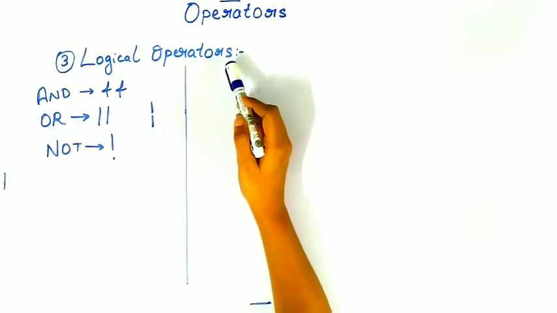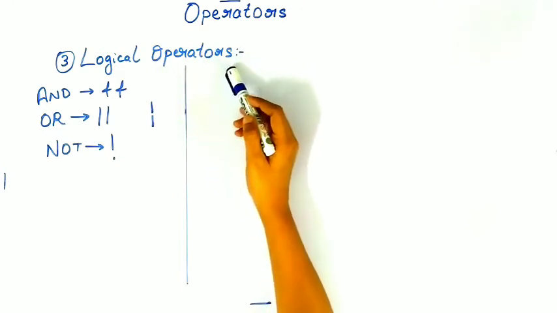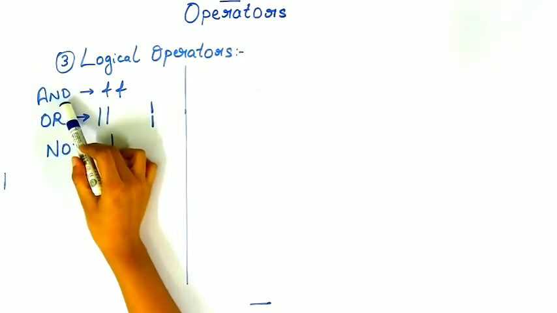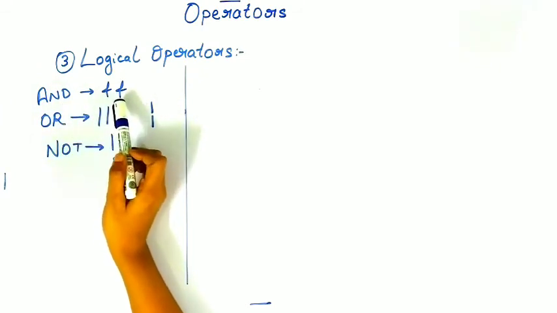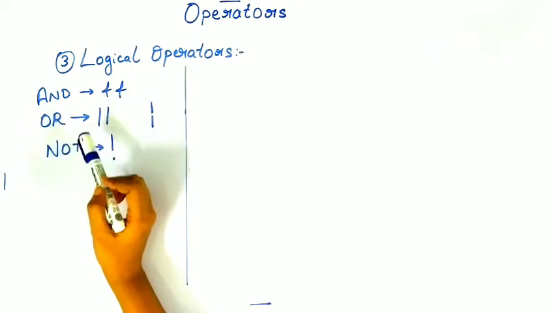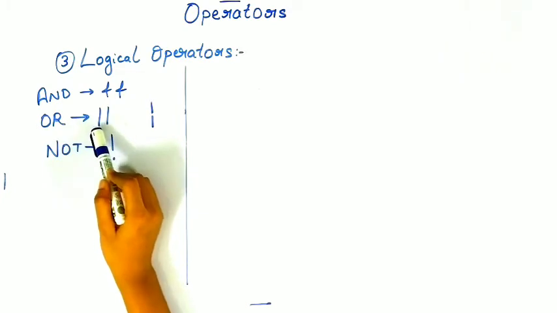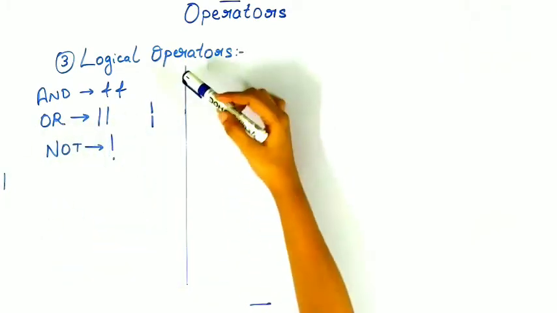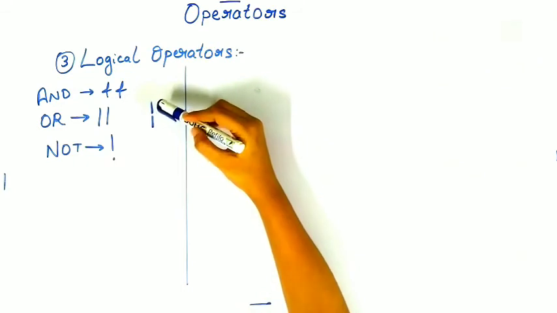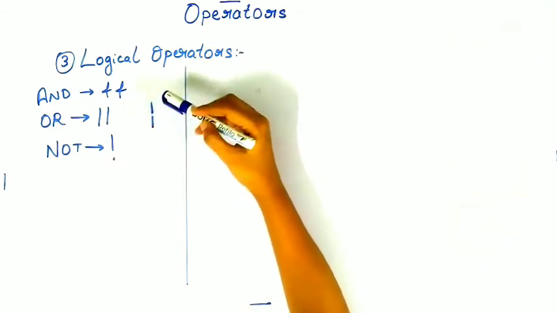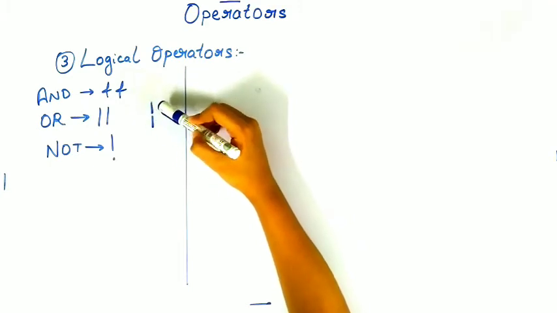The third operator is the logical operators. The logical operators consist of AND, which is denoted with the double ampersand sign, OR, which is denoted by the double pipe sign, and on your keyboard you will find this kind of symbol, that is two lines one below the other, and you will find a little gap between them.